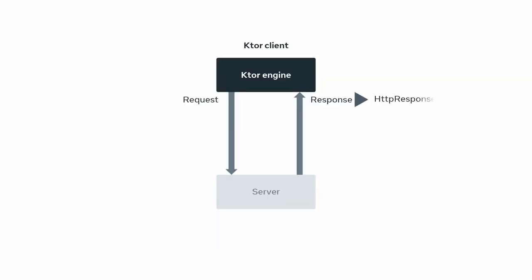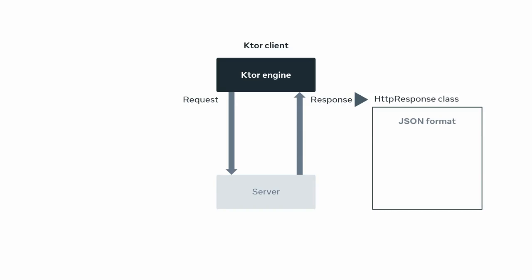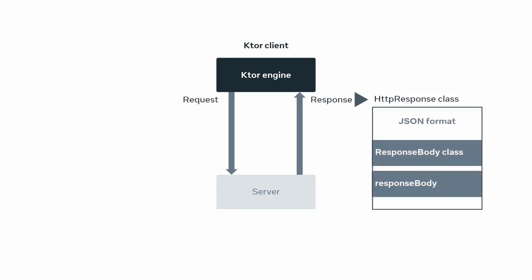To obtain the body of a response, you call the body extension function. If the response was returned in JSON format and your client is configured to process JSON responses, the code will convert the JSON response to your custom response body class and assign the instance to response body. Don't worry now if you're not familiar with JSON responses, there will be more on this later in this course.